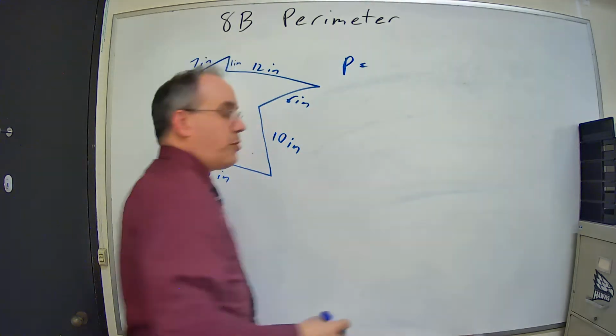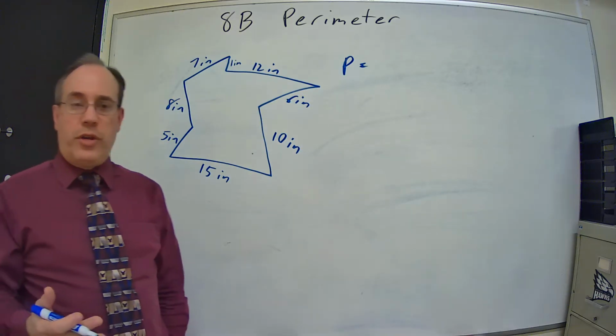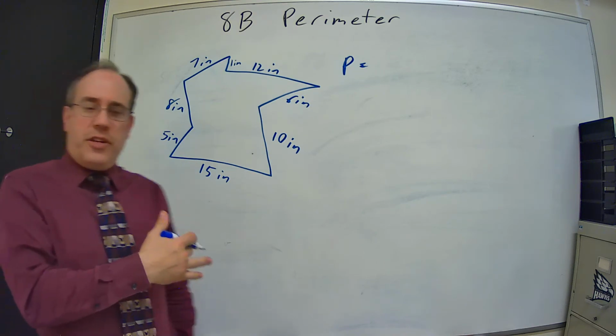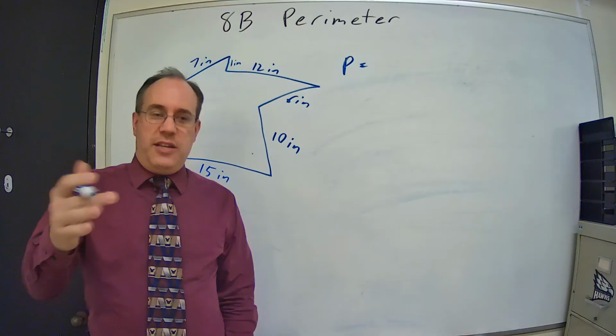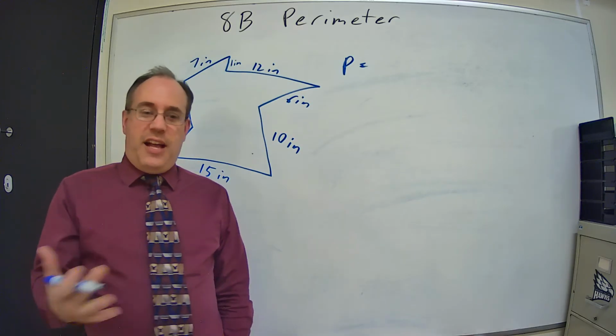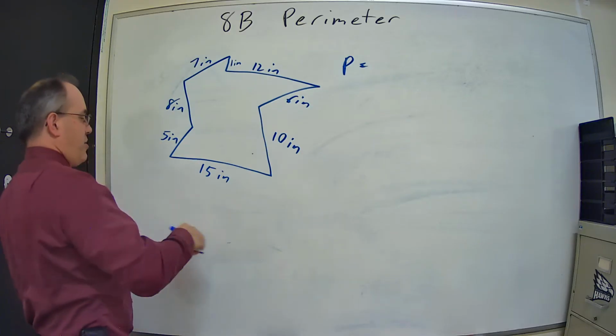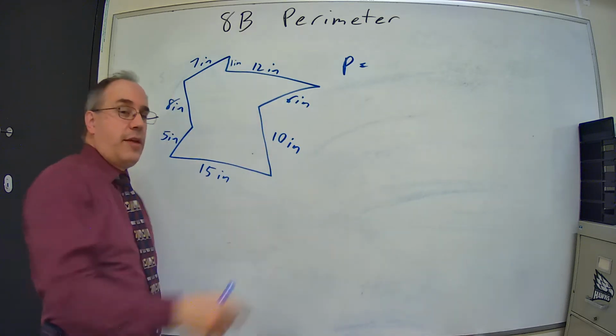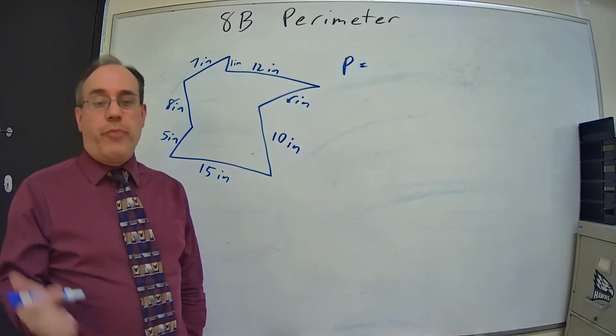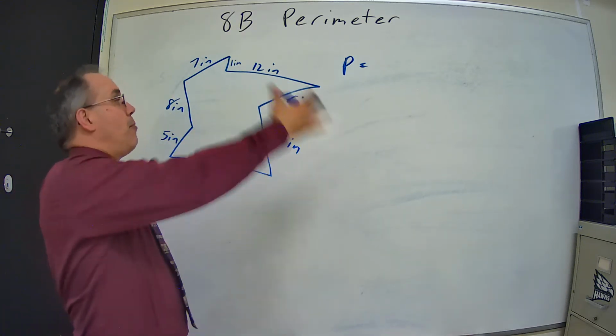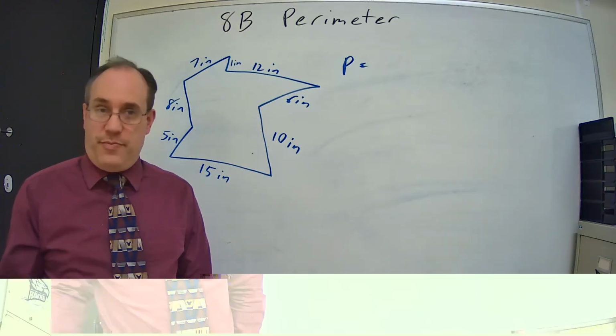So the perimeter, and I'm going to save myself a little bit of work here. In the other examples, I put the units in all the way through it, right? Well, I'm not going to write down 7 inches plus 8 inches plus 5 inches plus 15 inches. They're all in the same unit. So when I get done, my perimeter is going to be the sum in inches.